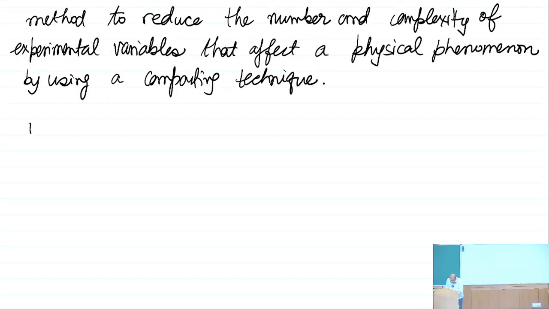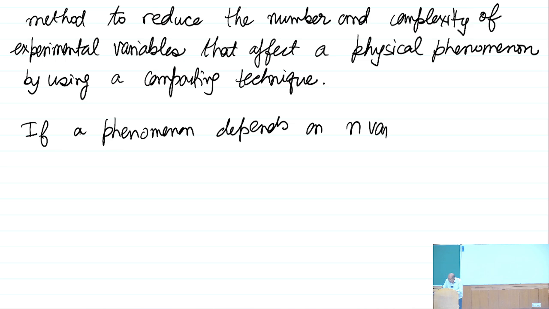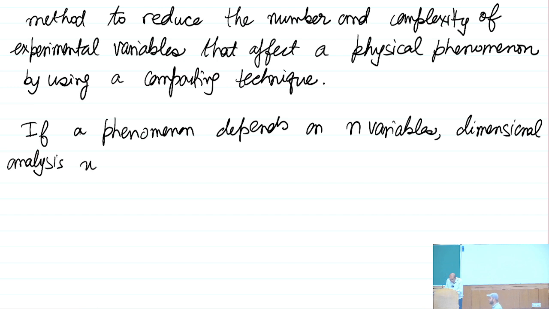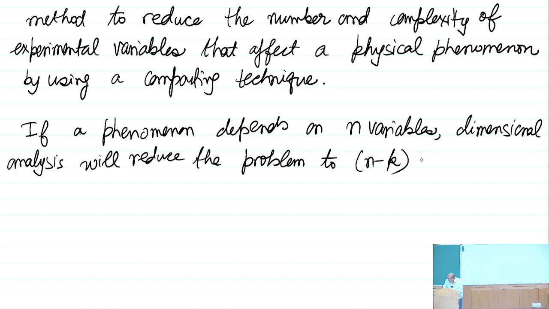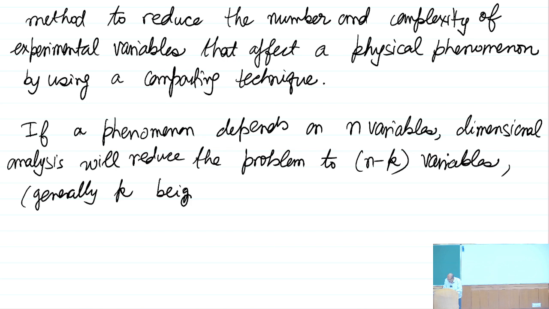The basic crux here is, if a phenomenon depends on n variables, then dimensional analysis will reduce the problem to n minus k variables, generally k being from 1 to 4.